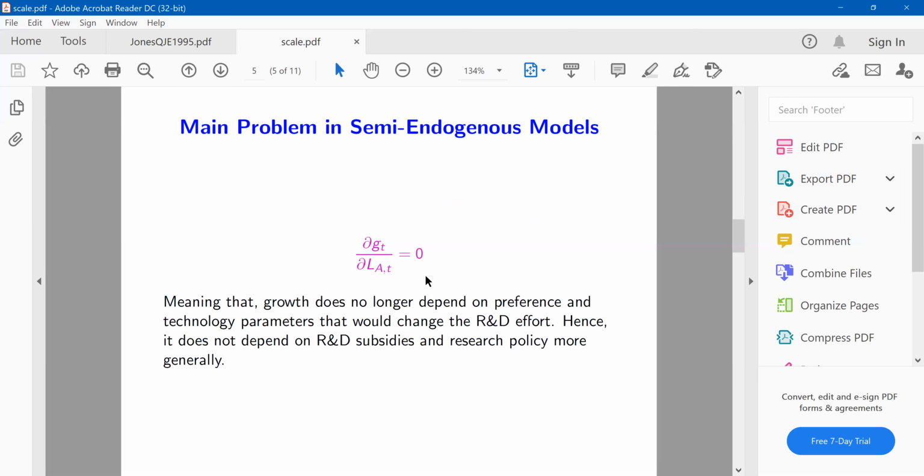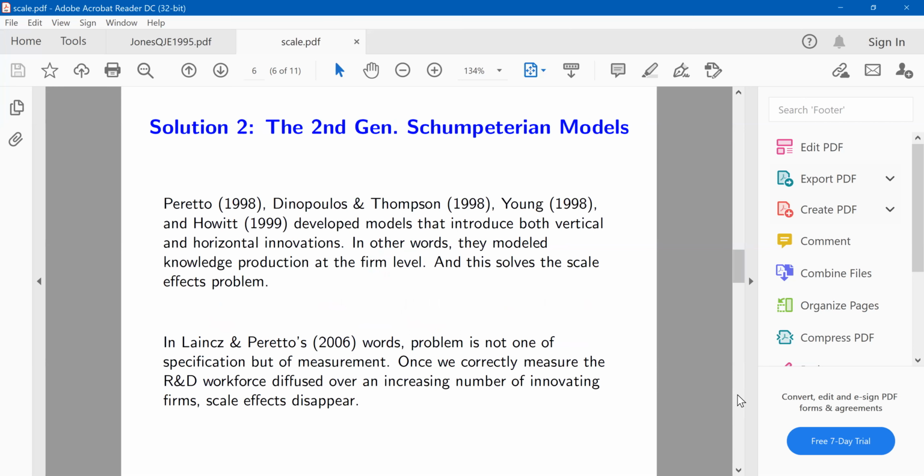So the main problem is again this: the growth rate is independent of how much you spend on R&D, how many people you employ in R&D. So R&D subsidies and research policy more generally do not change the long-run growth rate.